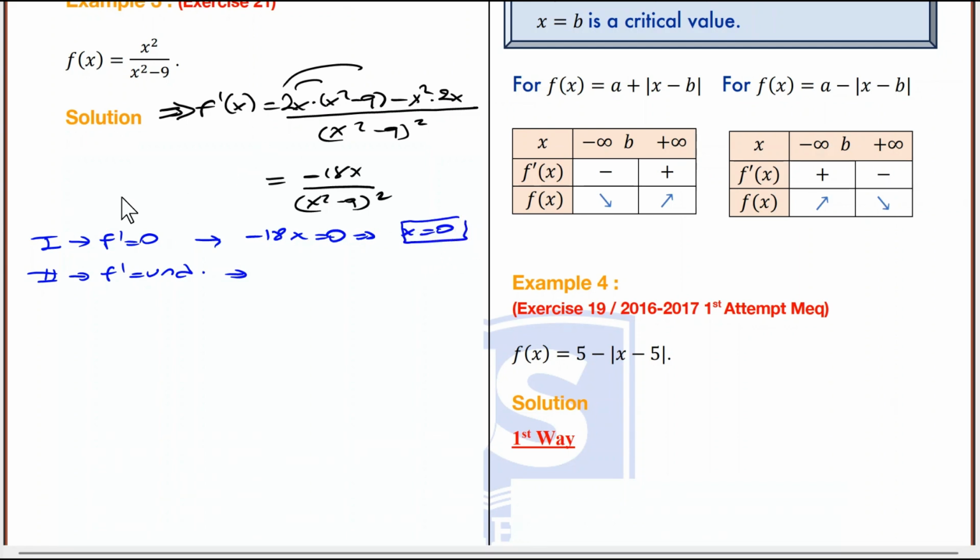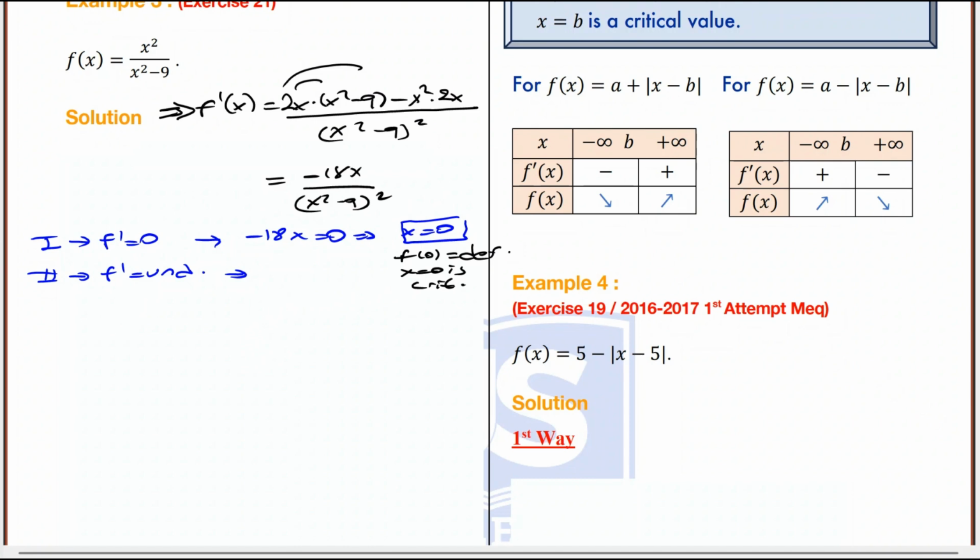When I put this back, does it make the function defined? Let's put 0 back. 0 over 0 minus 9, 0 over minus 9, 0. So it is defined. Since it is defined, we can say x equals 0 is a critical value. Alright, I got one critical value.